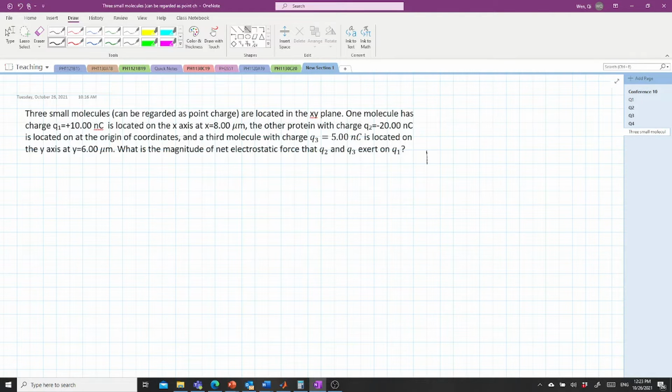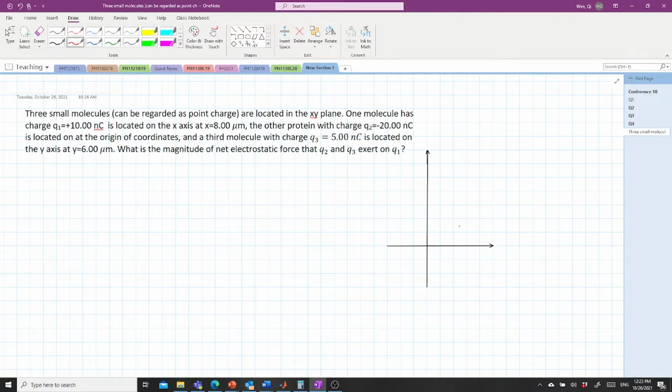Let's draw the coordinate system first. This would be the x-axis, and this would be the y-axis. Now we're going to draw the particles.